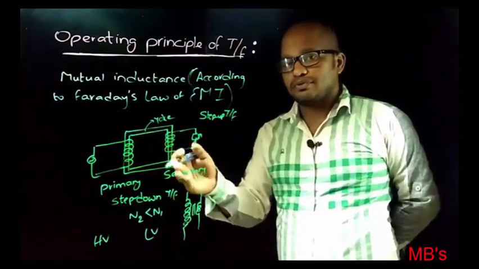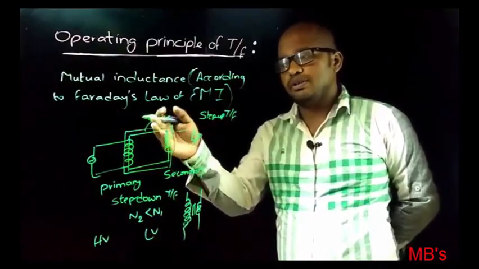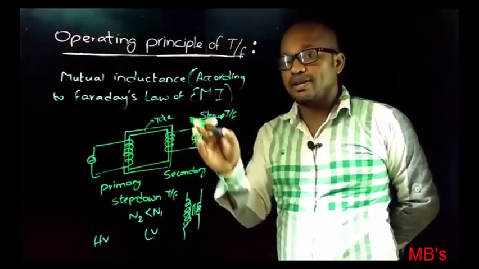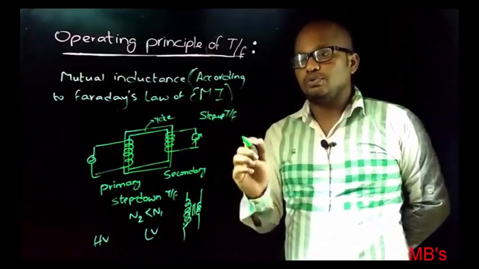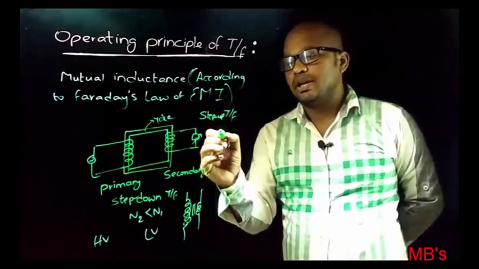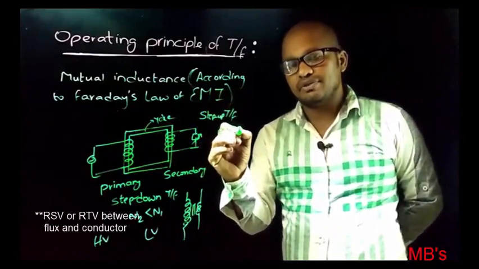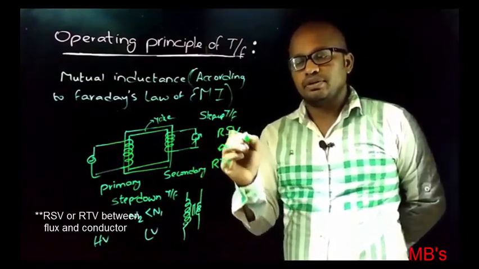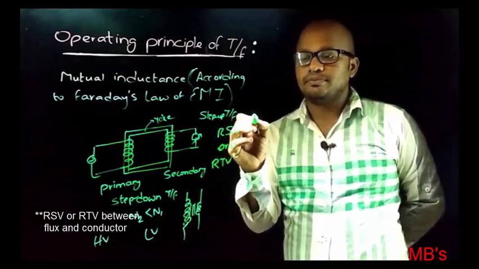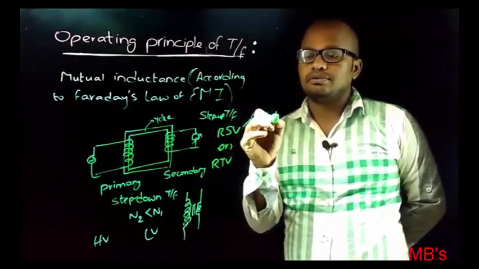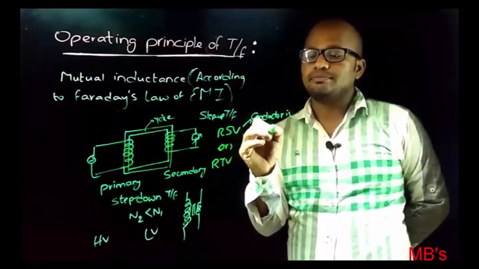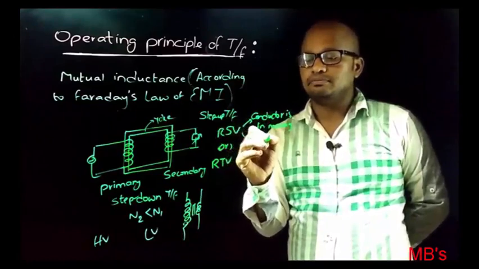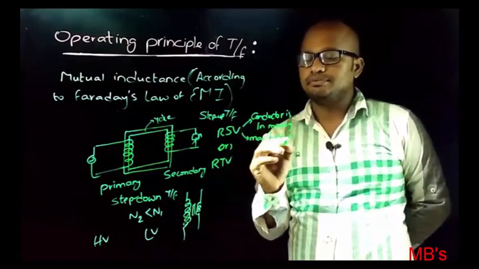Now let's analyze the operation of the transformer, that is, let's know how the EMFs are induced in the primary winding and secondary winding. For that, it is necessary to know about Faraday's law of electromagnetic induction, according to which for the EMF to induce, either there must be relative space variation or relative time variation. In case of relative space variation, the conductor is in moving state and the magnetic field is stationary.